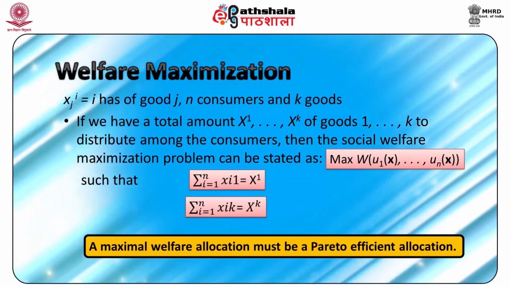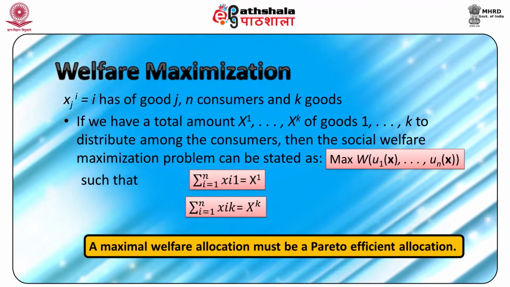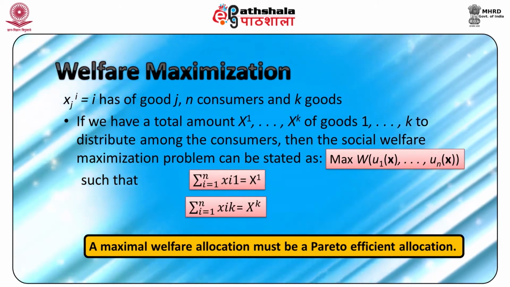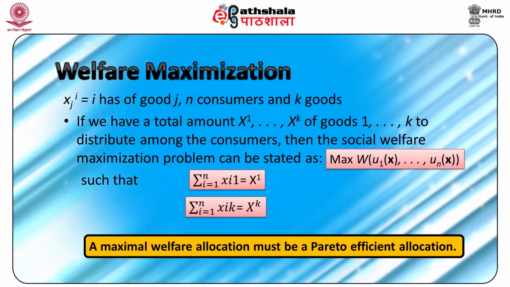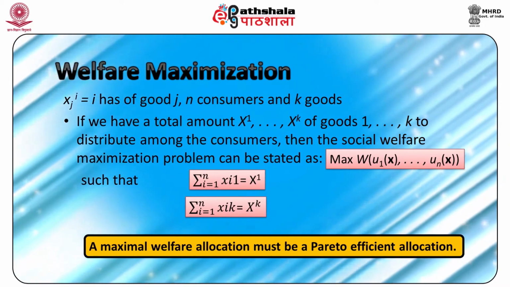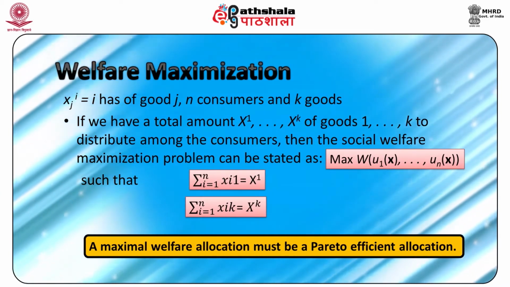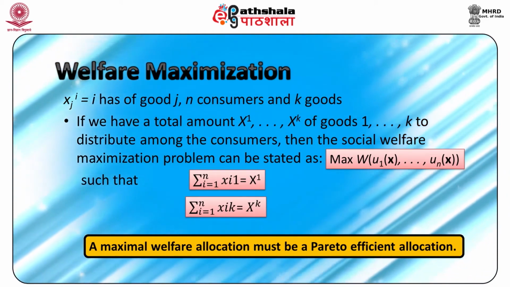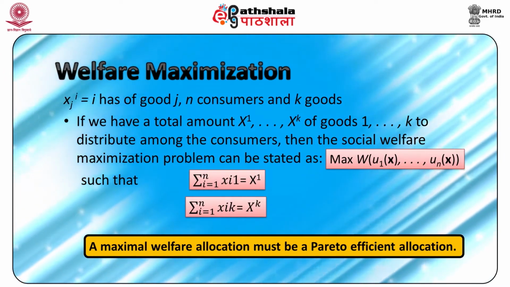If we have a total amount x1 to xk of goods 1 to k to distribute among the consumers, then the social welfare maximization problem can be stated as: max W(u1(x1), ..., un(xn)) such that the sum of x_i^1 equals x1, ..., the sum of x_i^k equals xk.